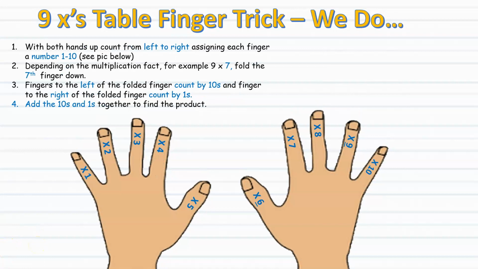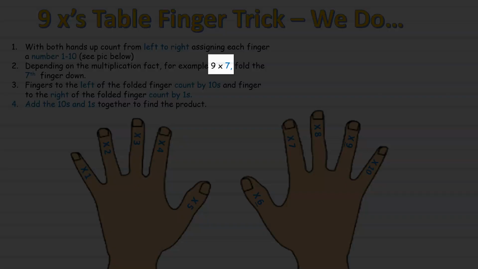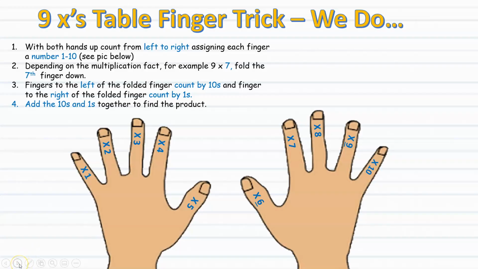Okay, now with this example, we're going to multiply 9 times 7. You already know, have both hands up. And as step 2 says, since we're multiplying 9 times 7, we have to then fold down our 7th finger. The fingers to the left of the folded finger, we're going to count by what? I know you said it, tens.